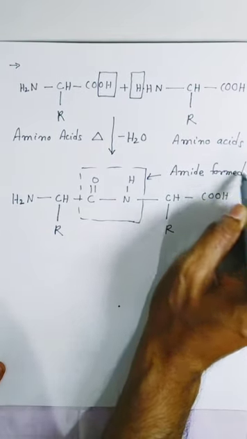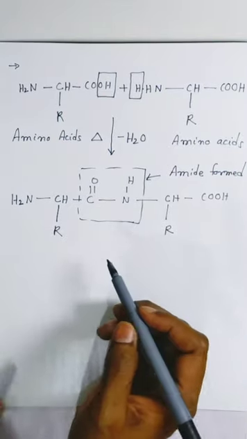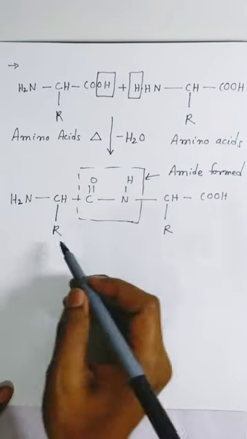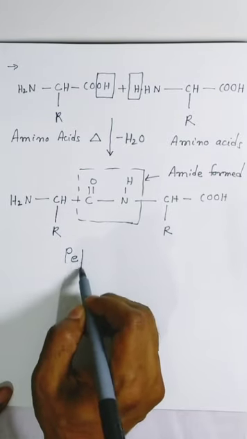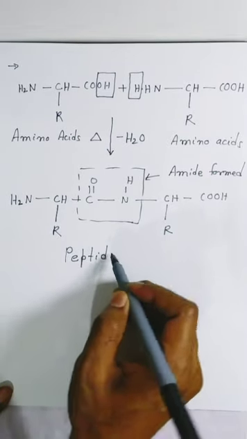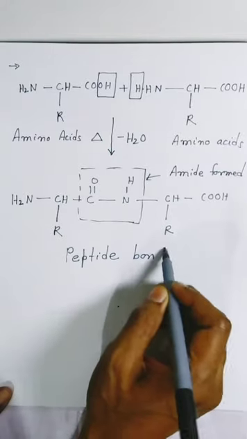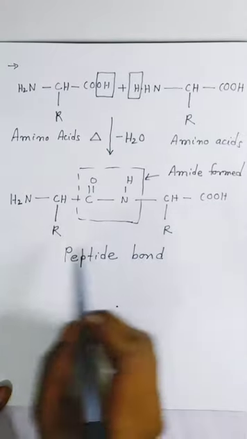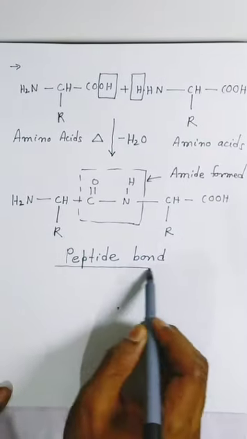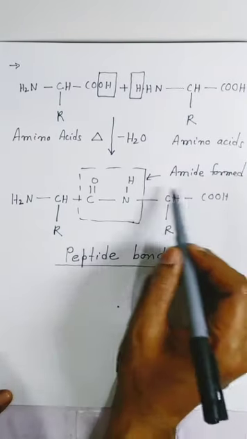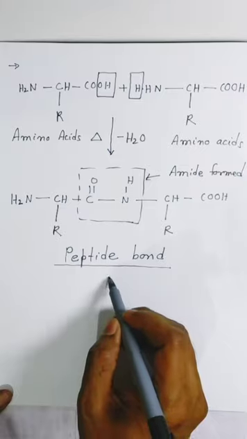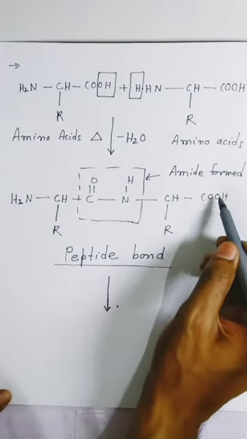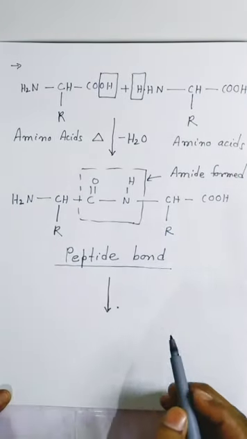The amide has been formed. This is called a peptide bond, because the two amino acids form the peptide bond. When it forms the amide, what do we call it? Peptide bond. Now students, when it forms the amide chain, again it will remove a water molecule, the OH from this side and one hydrogen from this side.